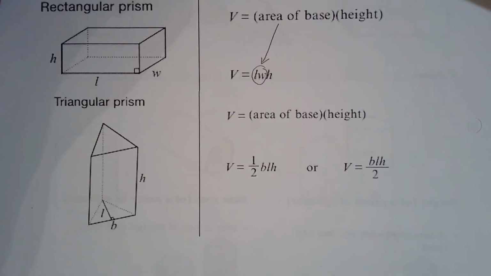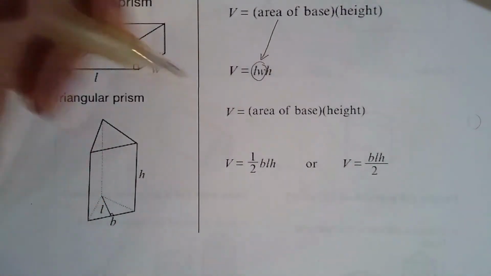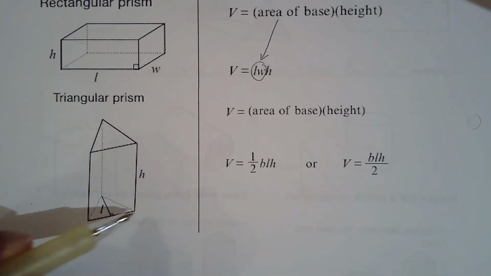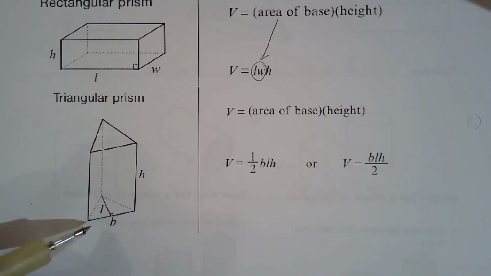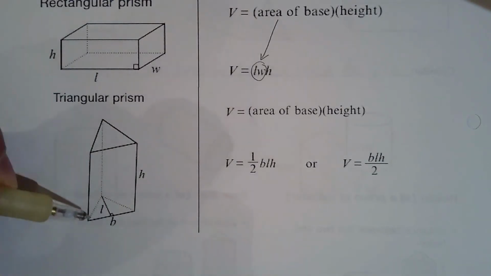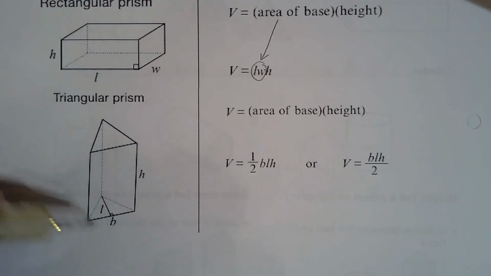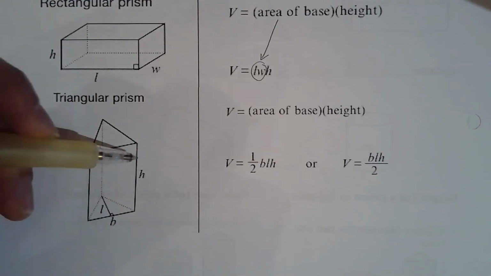Last one, you have a triangular prism. So we have B is the base of the end face, and L is the height of the end face, because your end face is a triangle. So we can talk about the height of that triangle, which we've labeled L instead of H, because it's confusing.